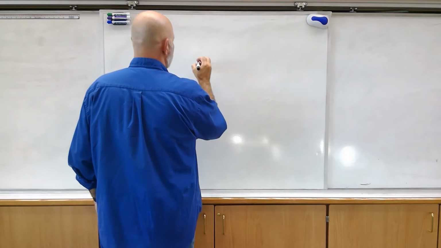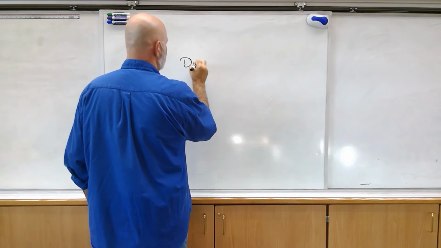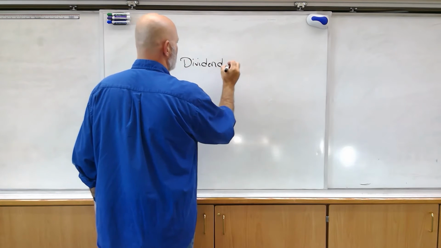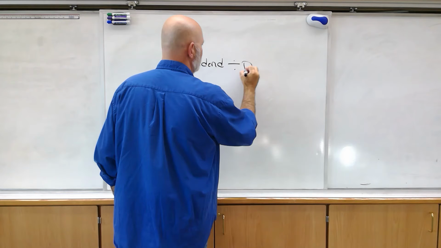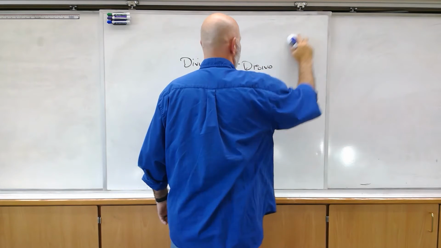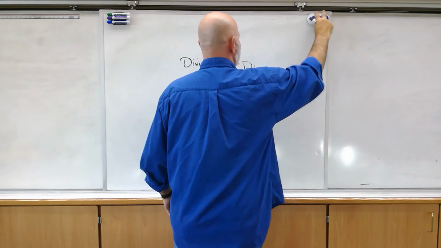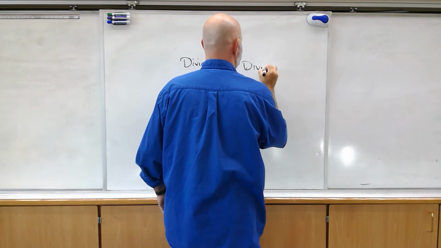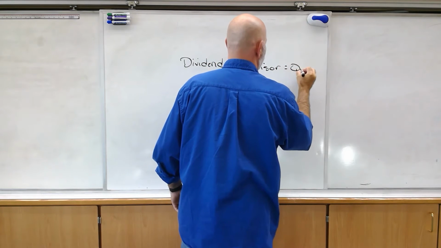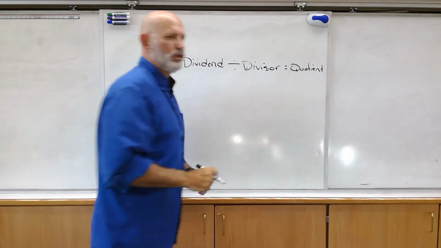We have the dividend divided by the divisor is going to be equal to the quotient.